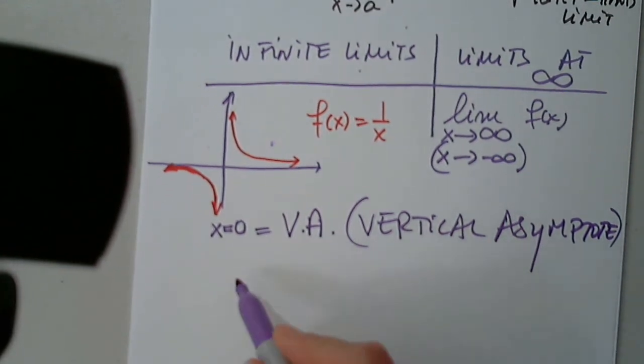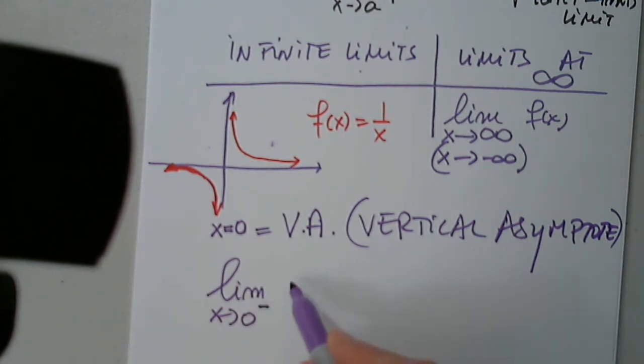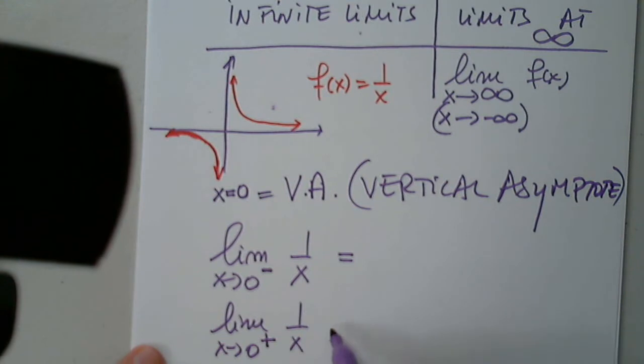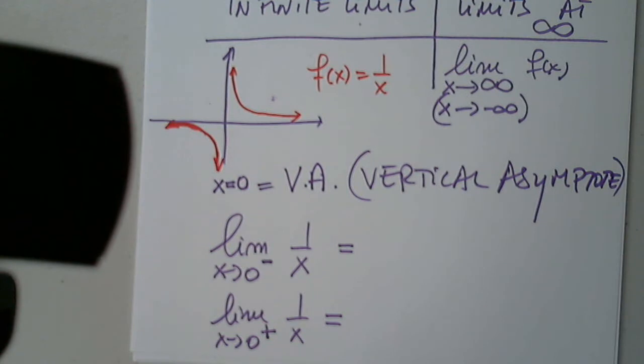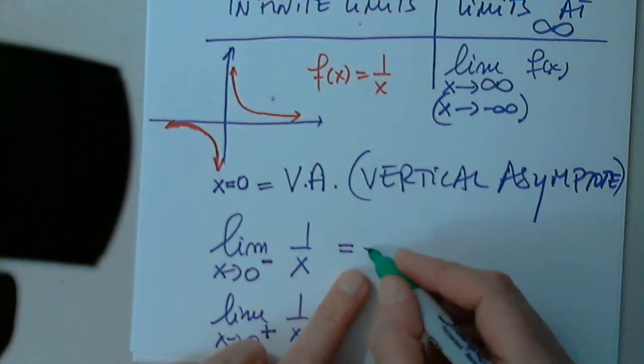Good. So can anyone tell us the limit as x approaches 0 from the left of this function? And the limit as x approaches 0 from the right? All you have to do is look at the graph. That's why I graph. The first one is negative infinity. Very good.